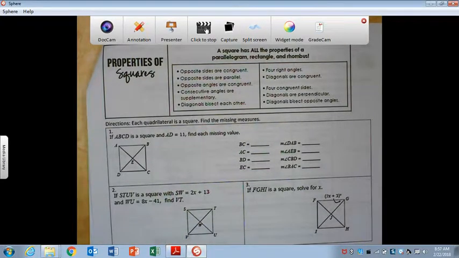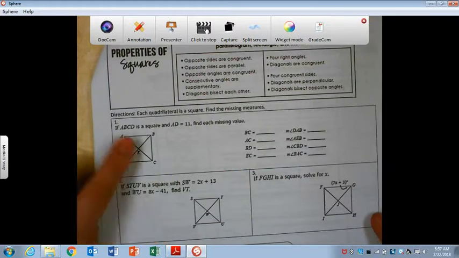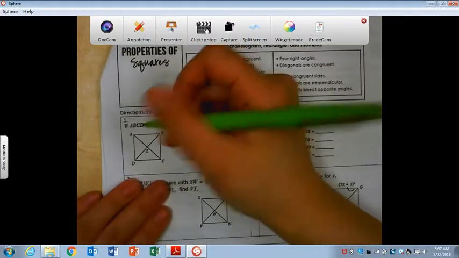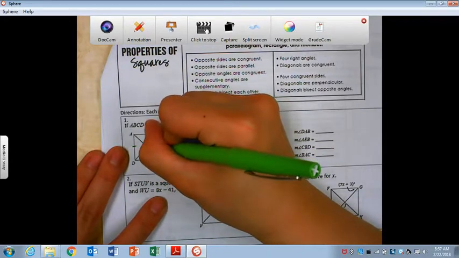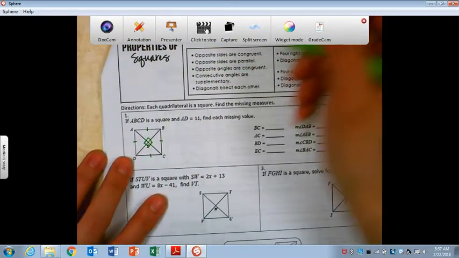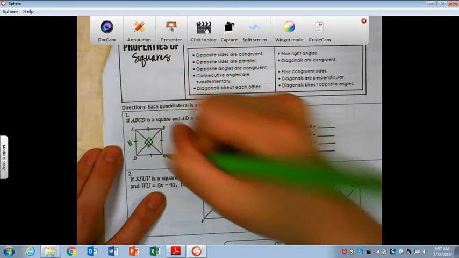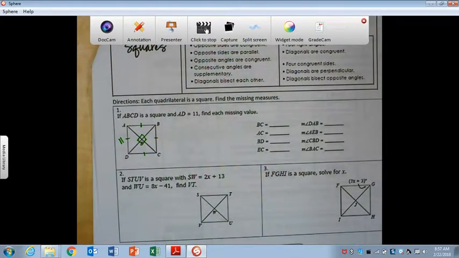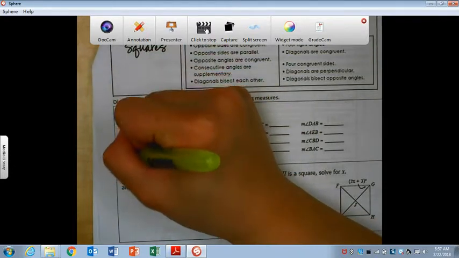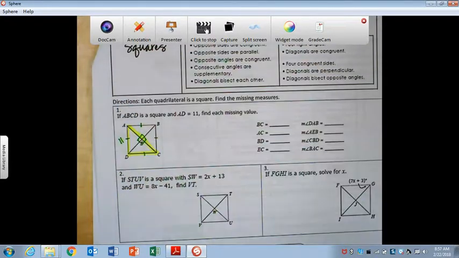If ABCD is a square, AD is 11. So with a square, you want to mark this, and you want to mark this. And it says AD is 11, well, all these things are 11. Find each missing value. So for a square, you want to do a right triangle this way.